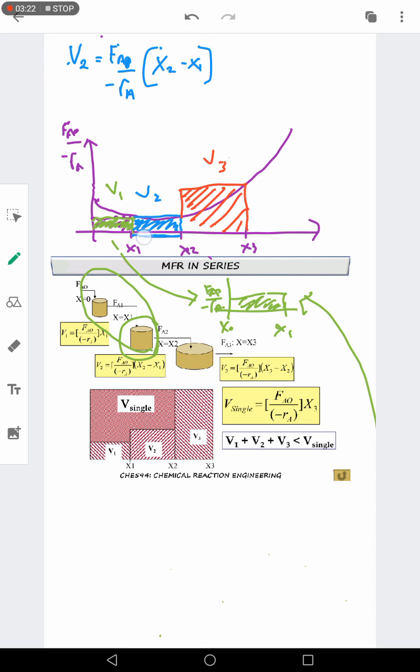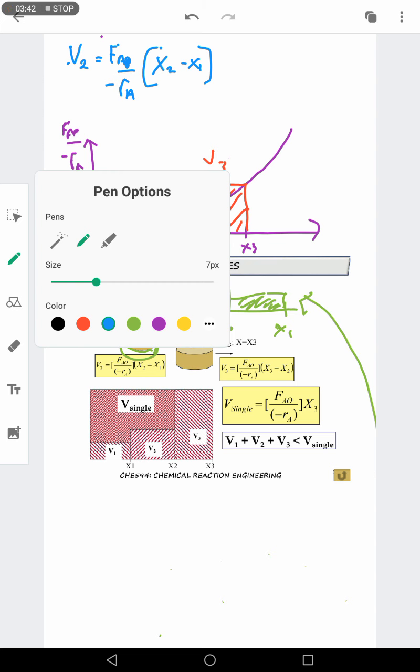Yang dekat sini. Kan? Kemudian dia akan didarabkan dengan FA naught over negative RA. So dia adalah representing this square. Okay. Now let's have a look at how to calculate V3.